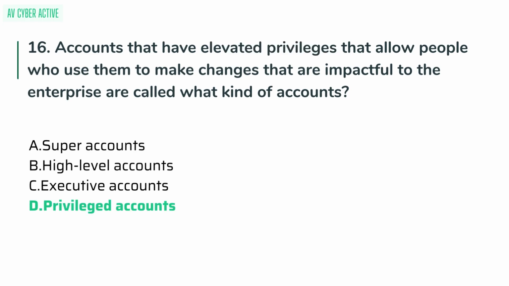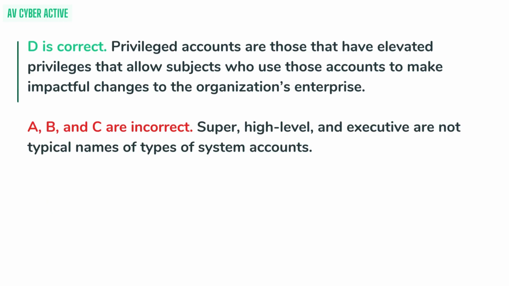D is correct. Privileged accounts are those that have elevated privileges that allow subjects who use those accounts to make impactful changes to the organization's enterprise. A, B, and C are incorrect. Super, high-level, and executive are not typical names of types of system accounts.